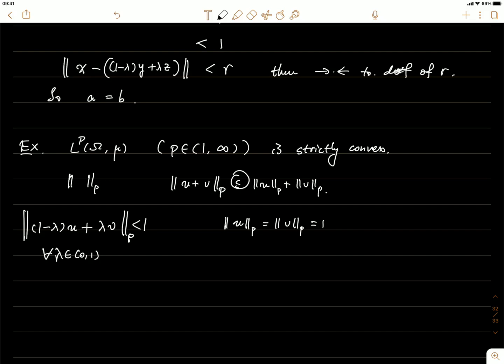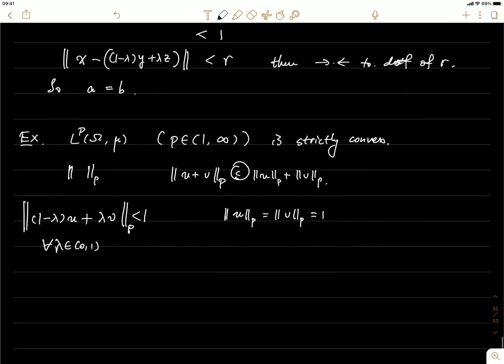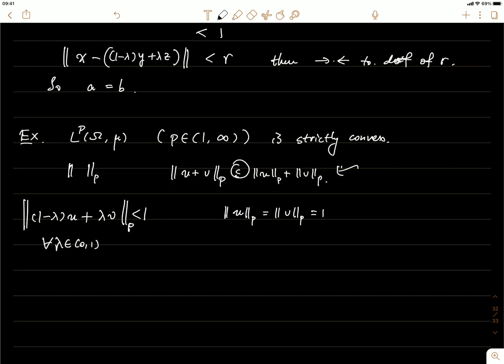If I want this equality to hold, and at the same time U and V are non-zero, the only possible case is that U must be equal to some constant C times V, where C is positive. This is the only case. If U and V are both non-zero and this equality holds, the only possibility is that there exists some constant C such that U is equal to C times V.